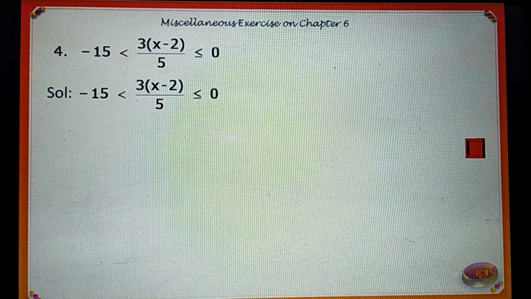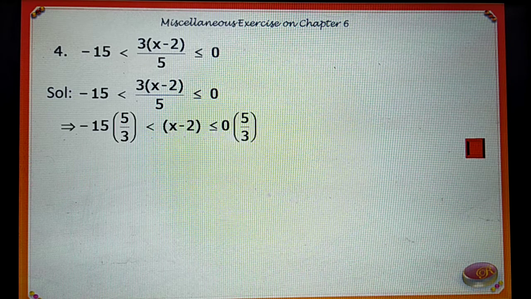Implies minus 15 into 5 by 3 is less than x minus 2 is less than 0 into 5 by 3. Multiply throughout by 5 by 3. Implies minus 25 is less than x minus 2 is less than or equal to 0.